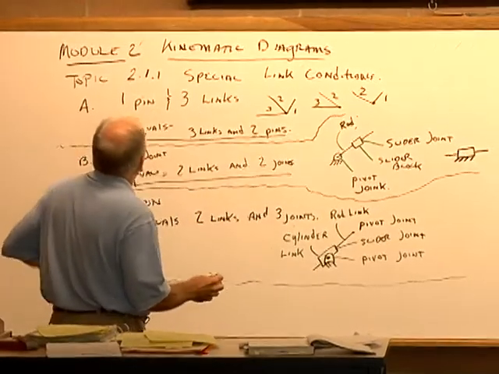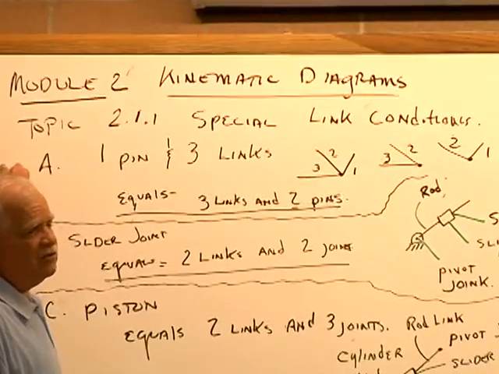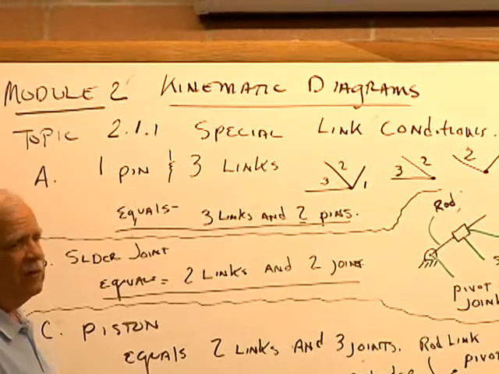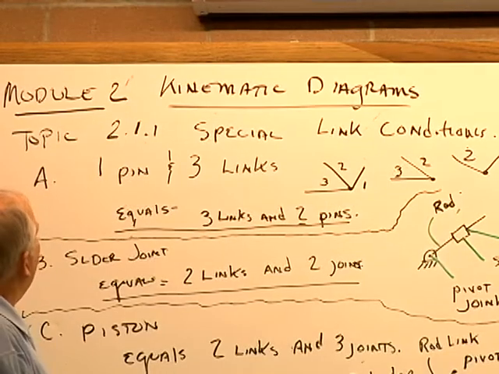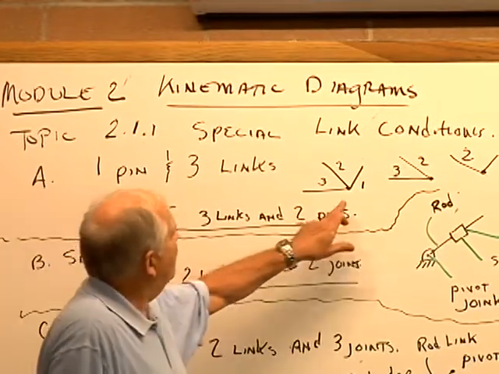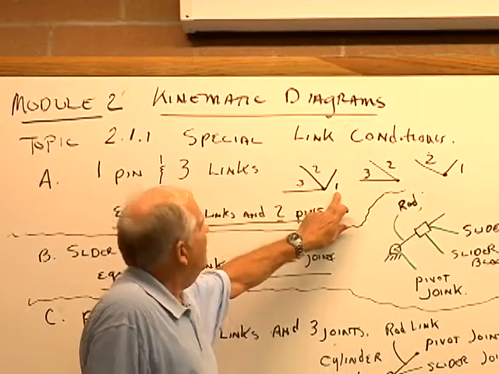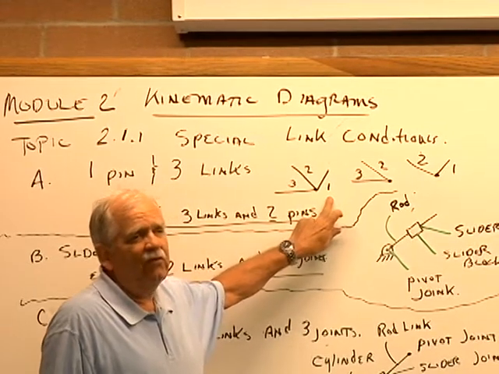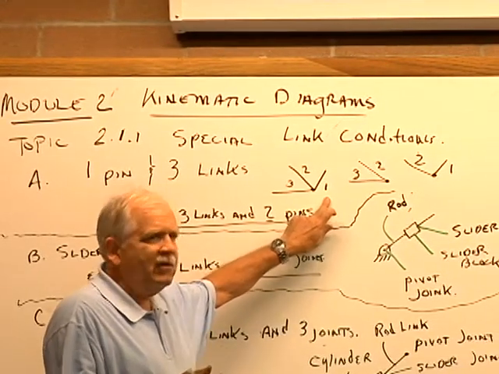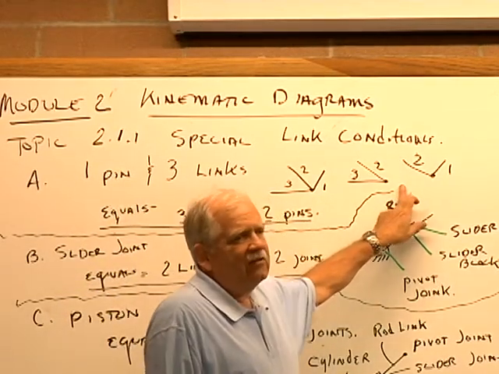Now there are some special conditions, and these three conditions apply especially to the formula that we're going to be studying about mobility. The first situation is when we have only one pin and we have three links to it. It looks like we have just one pin and three links. However, for the determination of its mobility, we have to consider each of these links as pairs.